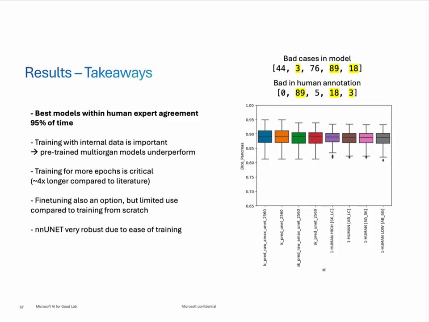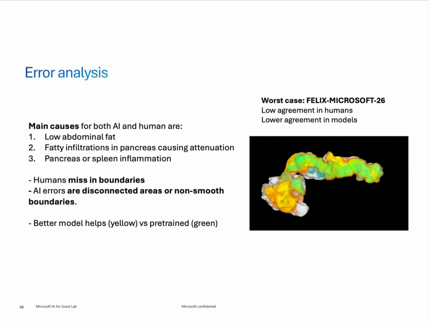High agreement, over 95%. And again, as we optimize these algorithms, it becomes very important, because if you really want to do it in practice, everything needs to be automated. We've put a lot of time looking at where errors are. Patients with low abdominal fat, patients with pancreatic fatty infiltration have been a challenge, and sometimes patients with pancreatitis or other areas of inflammation nearby.